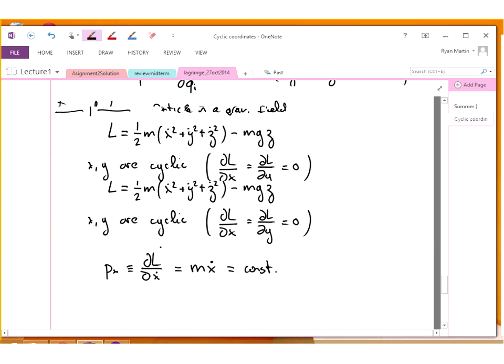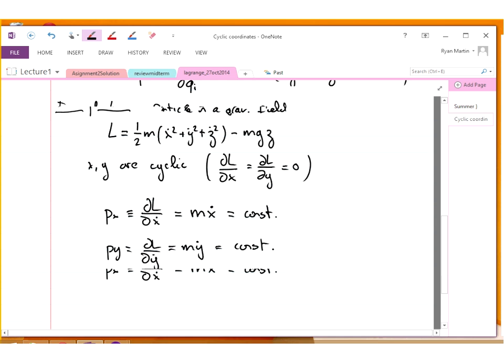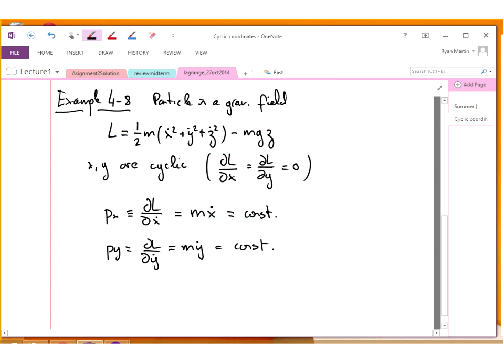Similarly, py, which is ∂L/∂y dot, that's my dot. And that's going to be equal to a separate constant. Z, on the other hand, is not cyclic, and so ∂L/∂z dot is not conserved.